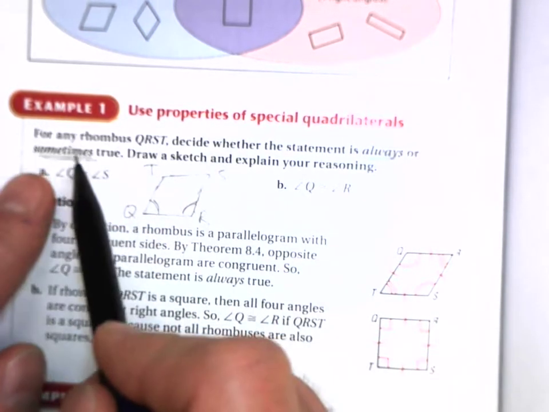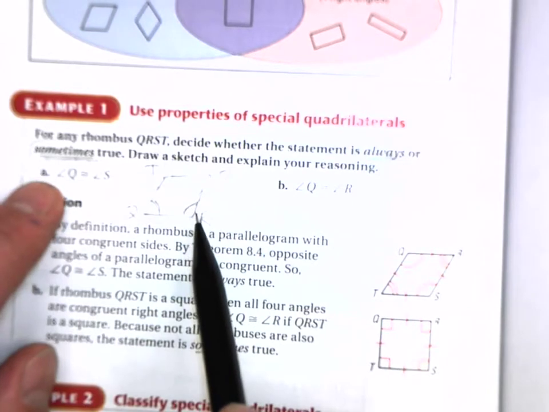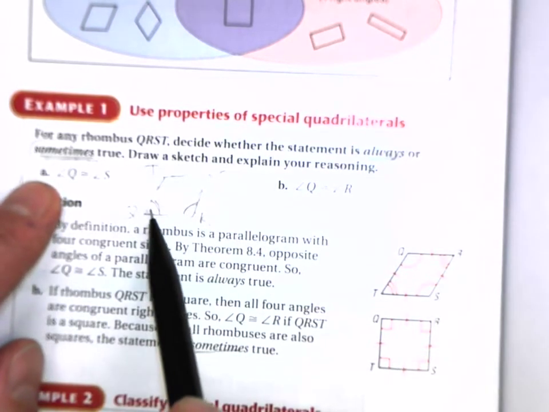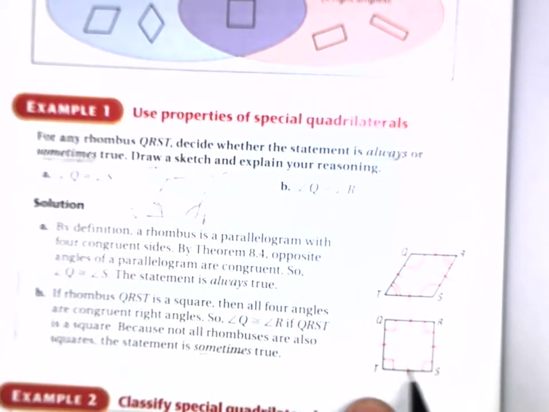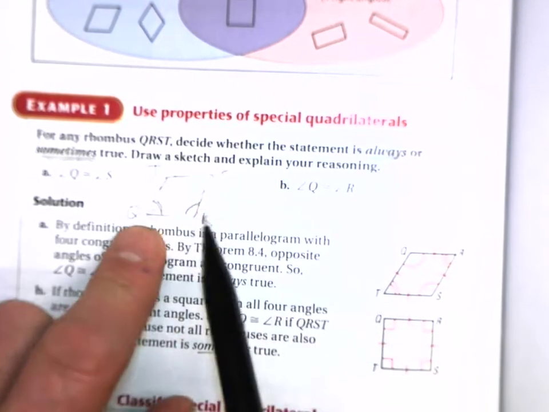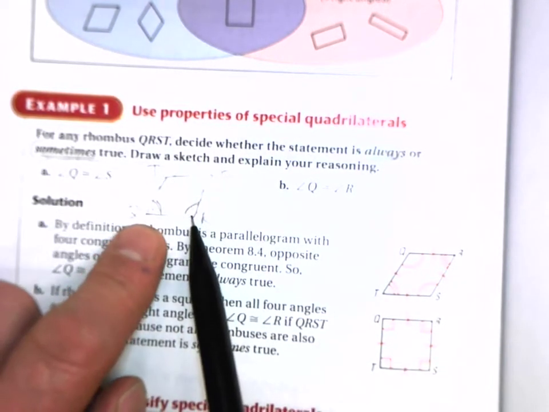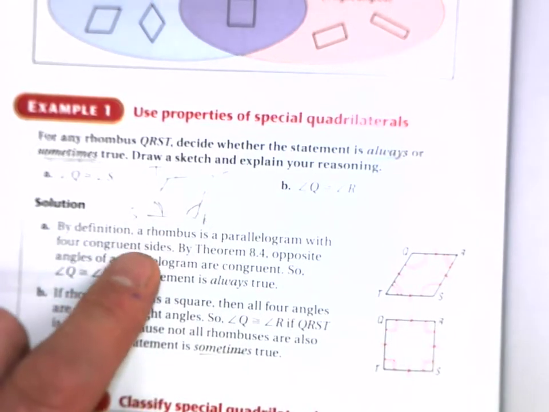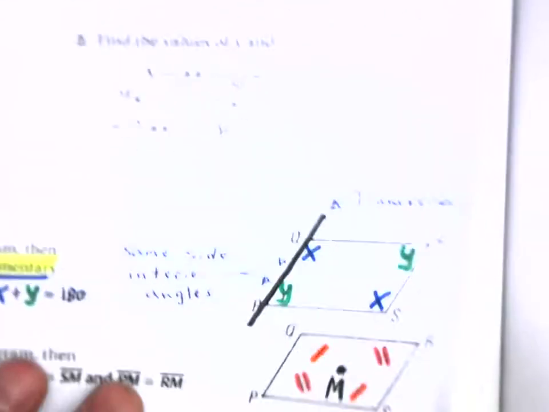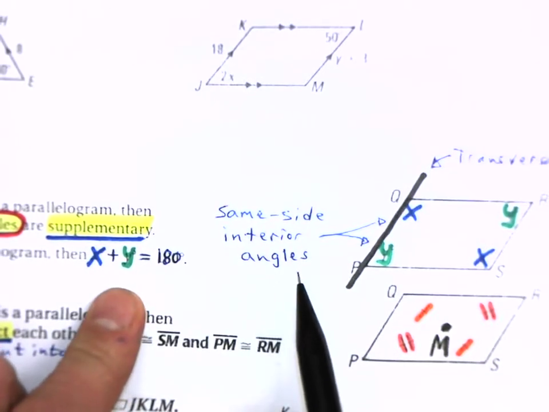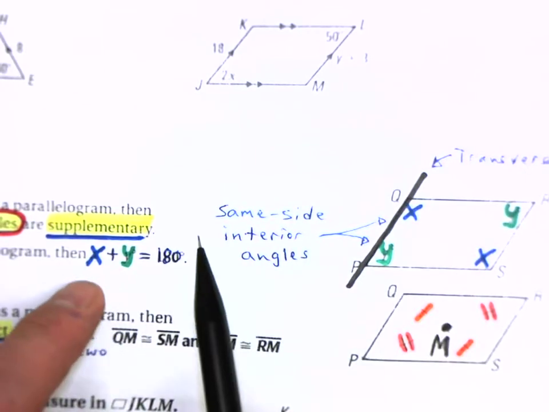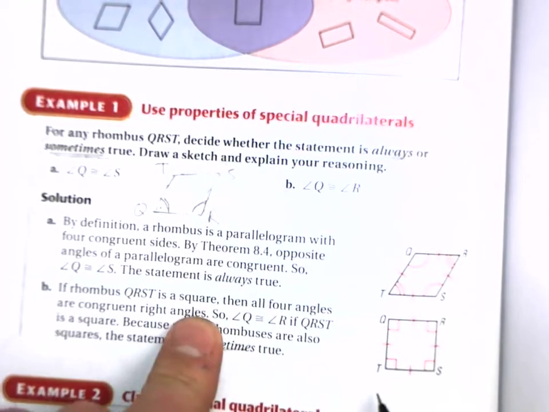So what kind of shape would it be if these two consecutive angles were congruent to each other? It would be a square, right? A rhombus that has, the only way for these two to be congruent, because remember, consecutive angles of a parallelogram are supplementary, and if it's true for a parallelogram, it's also true for a rhombus, because a rhombus is a parallelogram.